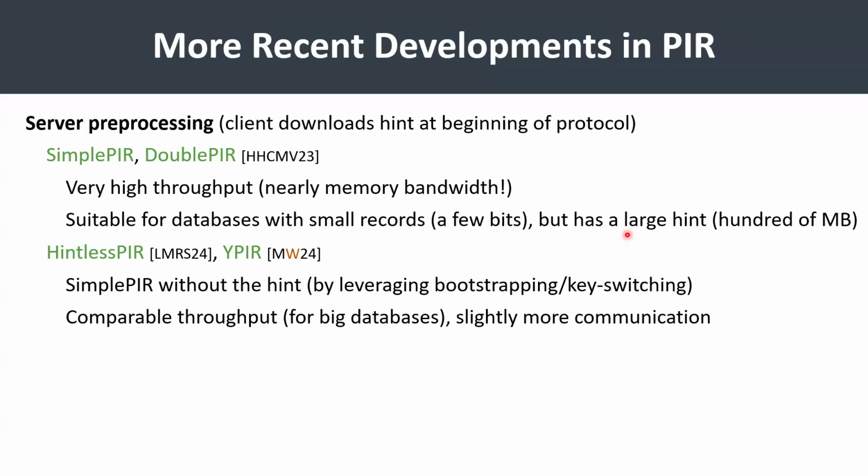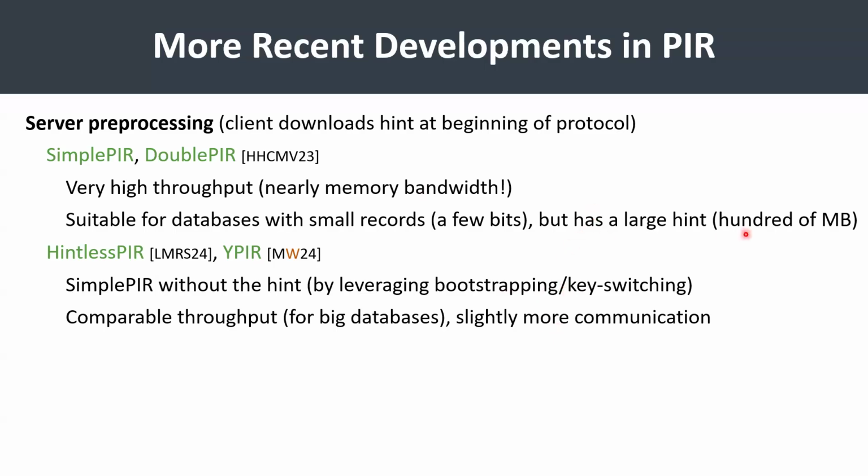Right. So a question then is, can we get rid of the hint? This was a recent line of work from last year. By some folks at Google, the hintless PIR, and then my work with Samir on YPIR, we basically show how to remove the hint from simple PIR. Again, using the same kind of lattice machinery that I described in this talk, using homomorphic encryption and composition, we can get comparable throughput, so essentially memory bandwidth throughput, at the cost of slightly more communication.